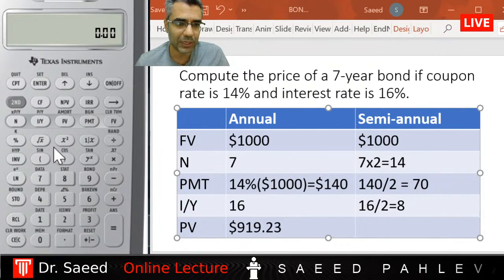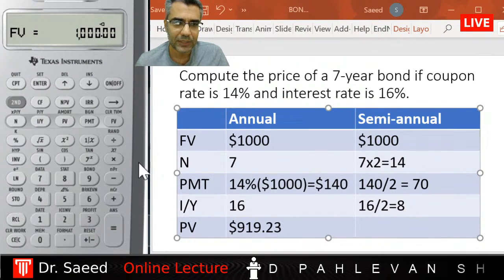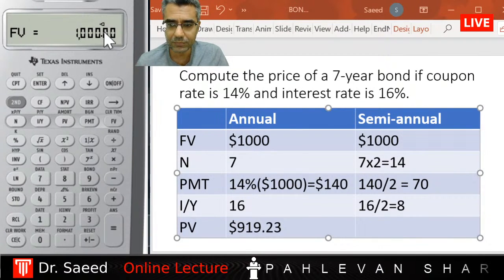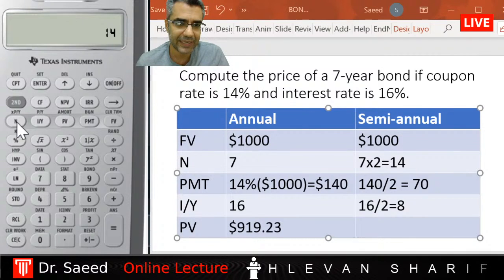Now, how to key in the values. Press 1000, then this will go to FV. FV is here, so I press FV. You see, I got the triangle. This means done. Then 14 in N. Press 14, then press N. N is here.